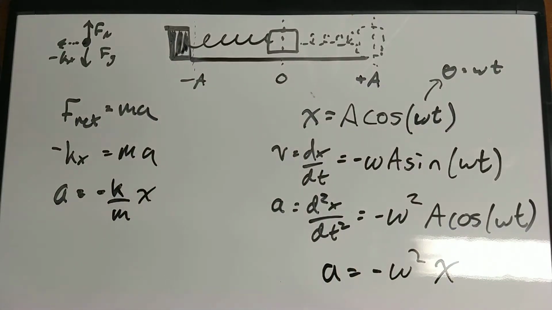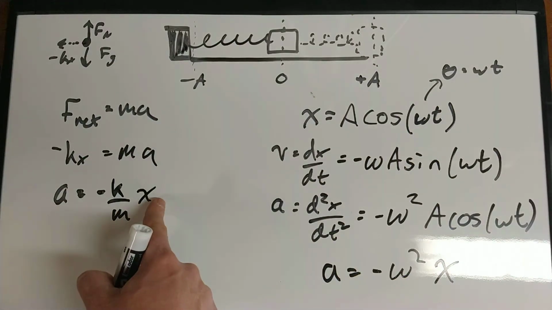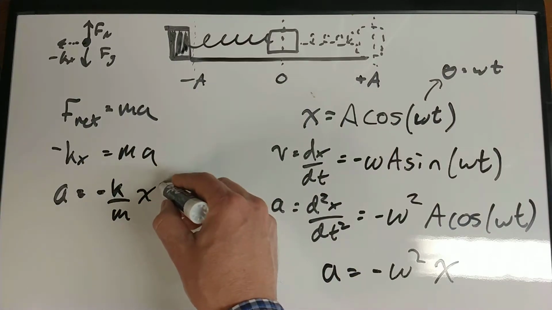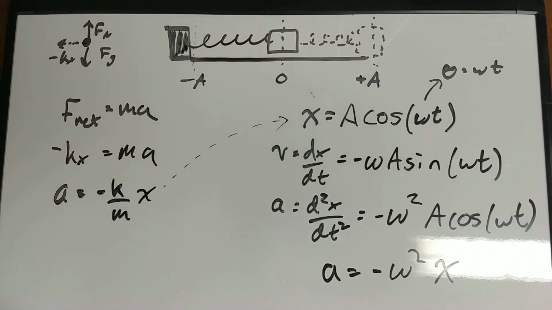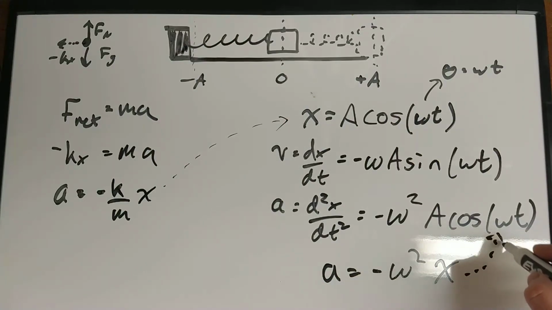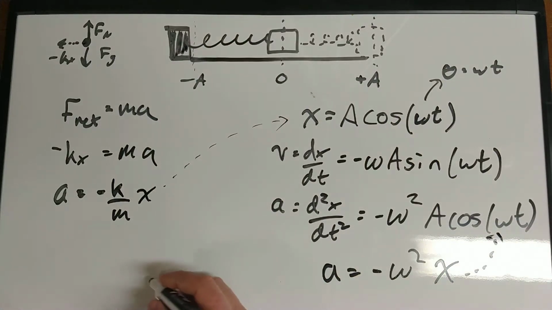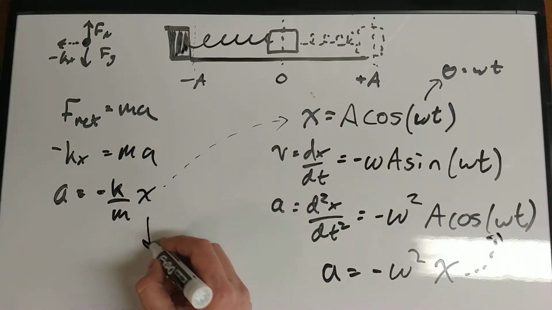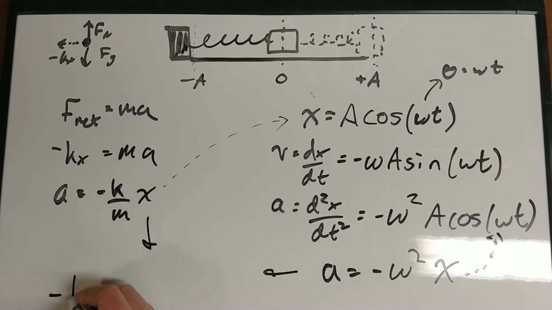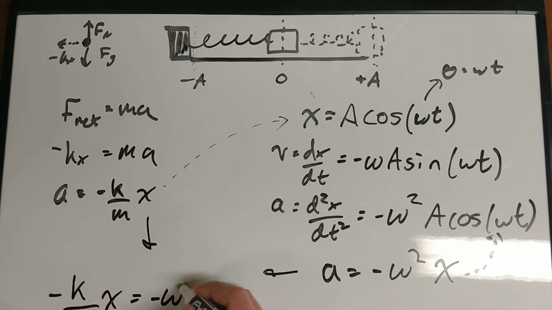So I found the acceleration in 2 different ways. They're both definitely the acceleration. This x here, position, could be represented by that position function. Putting them both together, we have negative k over m times the position equals negative omega squared times the position.